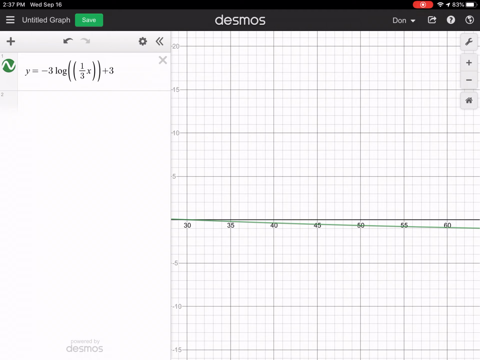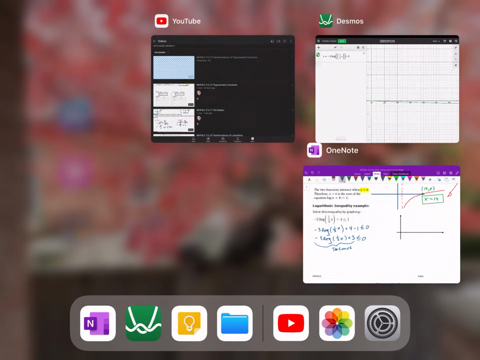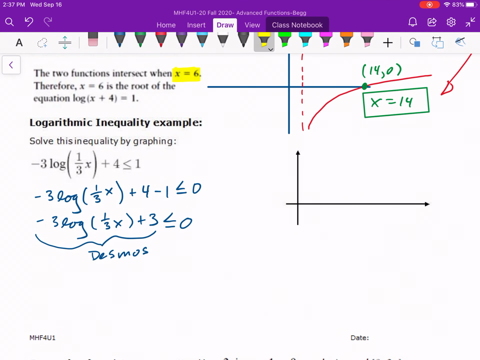So that means the x values have to be greater than or equal to 30. And it's "or equal to," again, because of that equal sign underneath here. So x must be greater than or equal to 30 for this one.